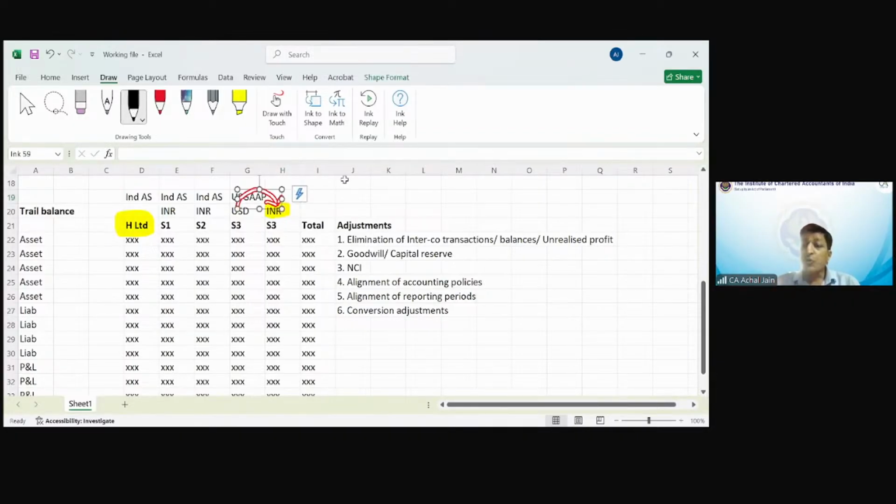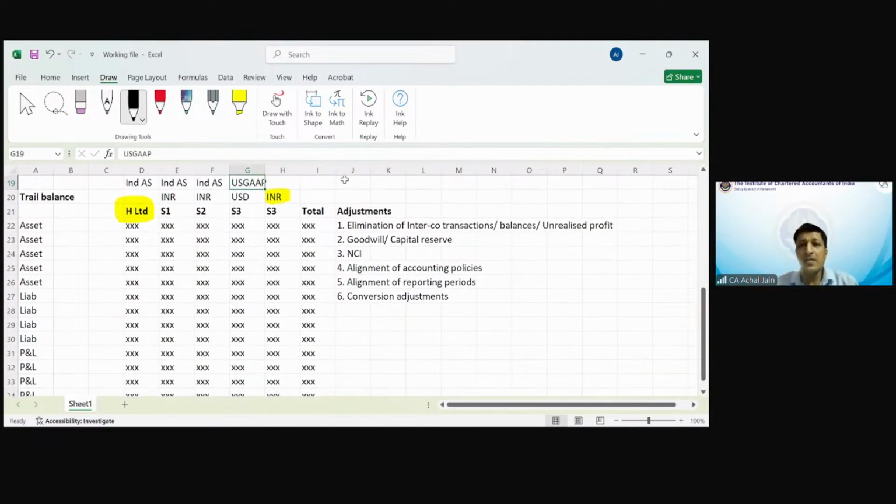In this case, when S3 provides the financial statements to the parent, S3 will say, take my financial statements in USD. It's under US GAAP, and any adjustment that you require, you do this at the corporate level, at the consolidation level. So H Limited will convert the financial statement of S3 not only from USD to INR, but also from US GAAP to Ind AS.